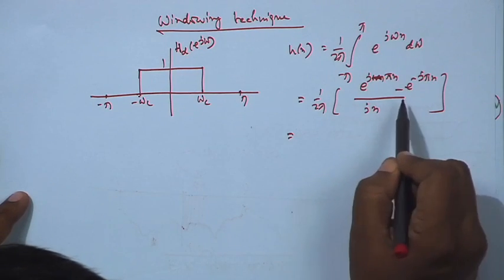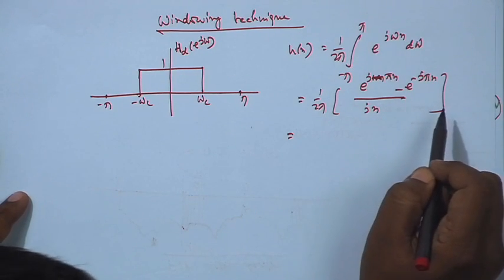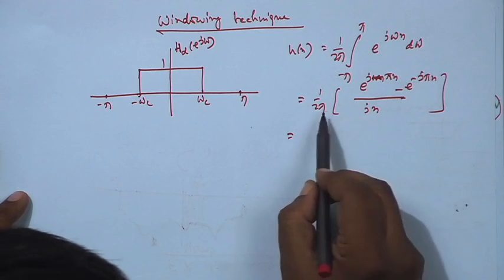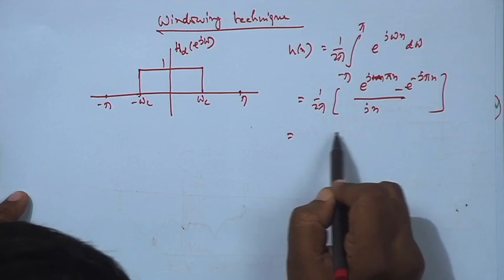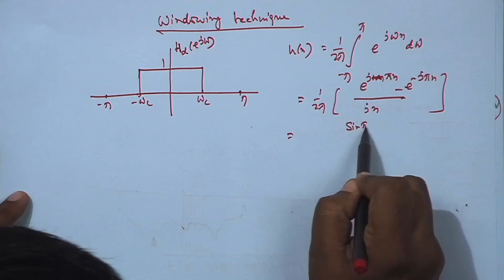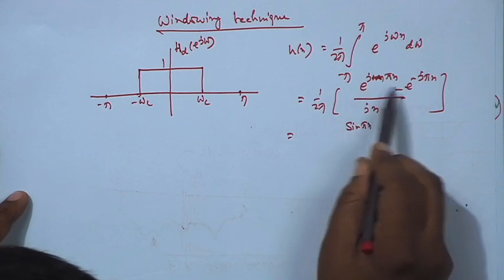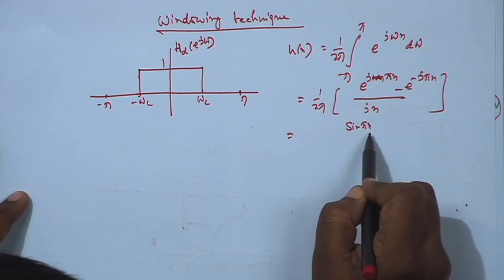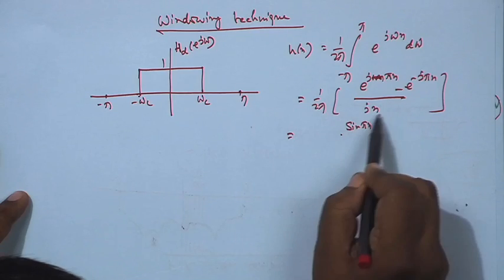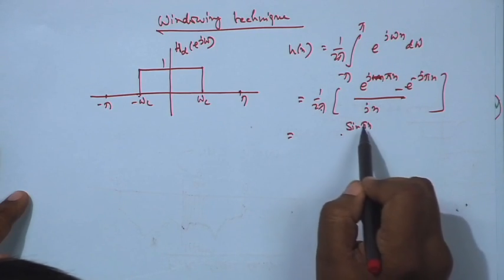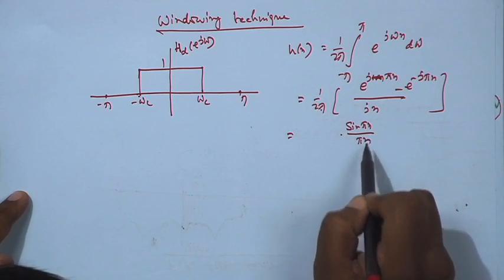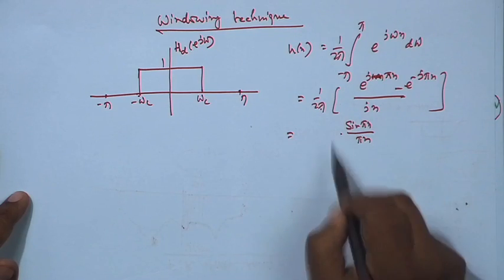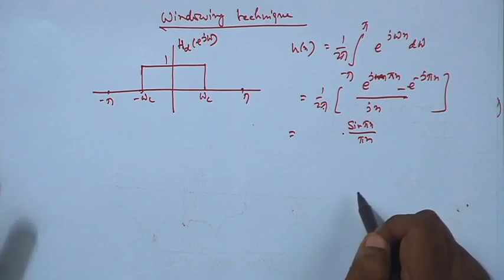J cancels, 2 cancels. So, sin pi n by pi n, by pi n, pi is here, n is here. So, basically sin pi n by pi n. Okay. So, this is a sinc kind of function, sinc pi n.